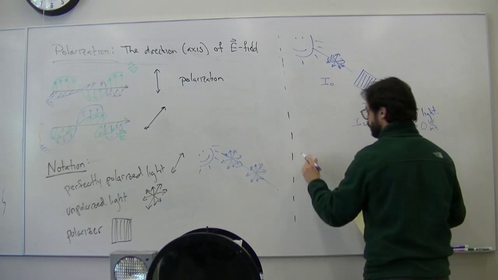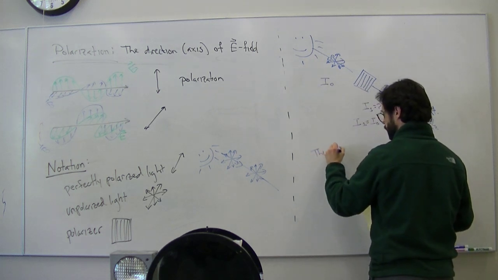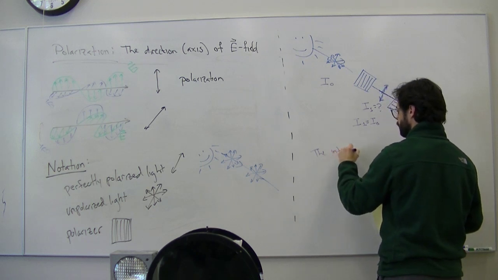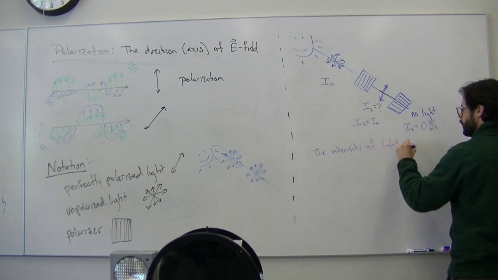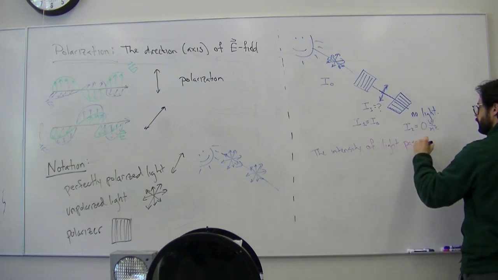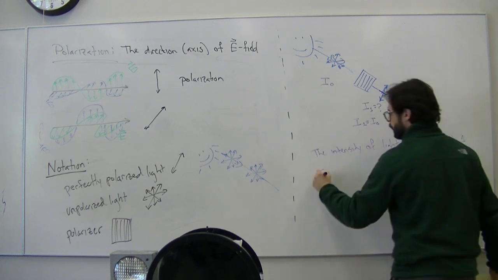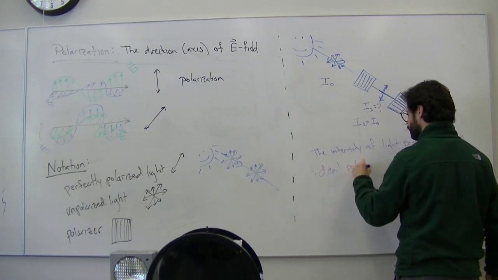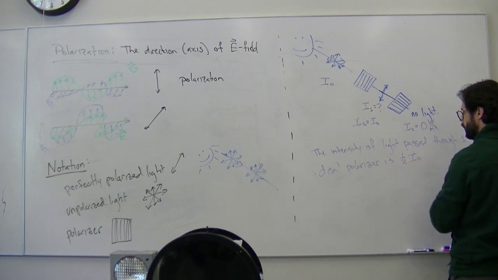And that's actually a true statement in general, that the intensity of unpolarized light passed through one polarizer, and it's got to be an ideal polarizer, is 1/2 the initial intensity, right?